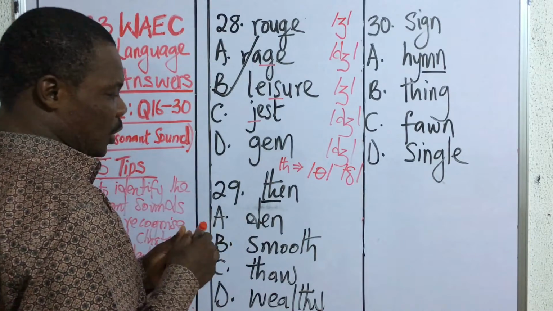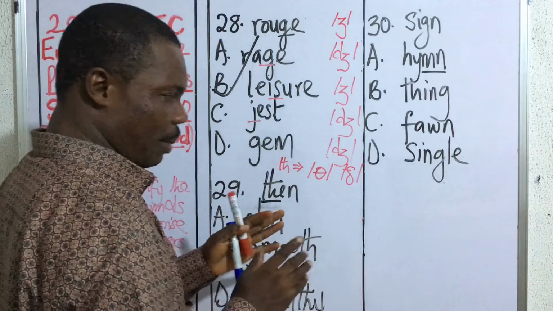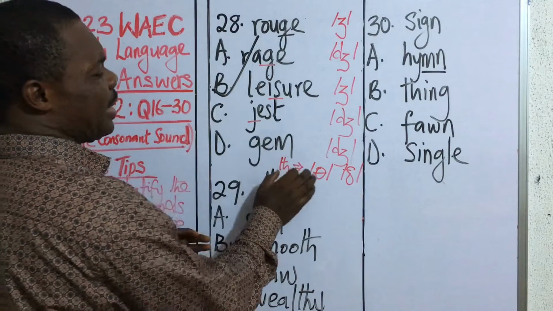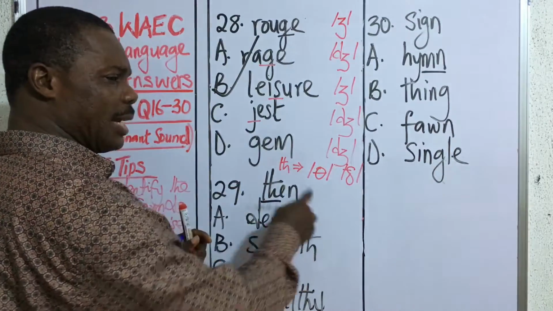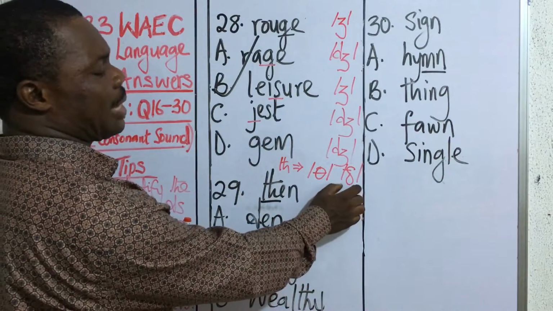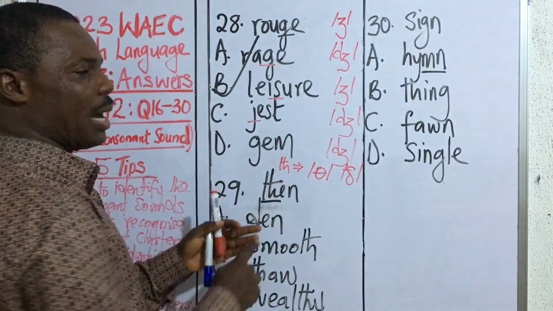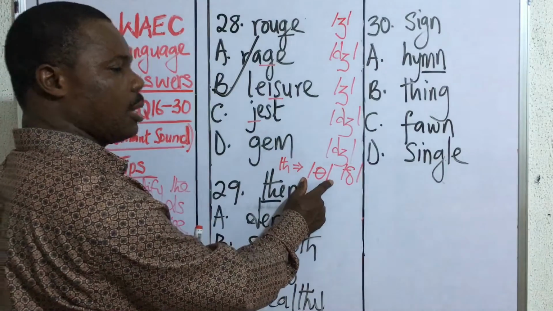The easiest way to escape this contrasting difference is to go by the Nigerian English style. All the TH letters that we pronounce D in Nigerian English should be realized as the. While all the TH letters that we pronounce T in Nigerian English should be realized as F, which is the theta.